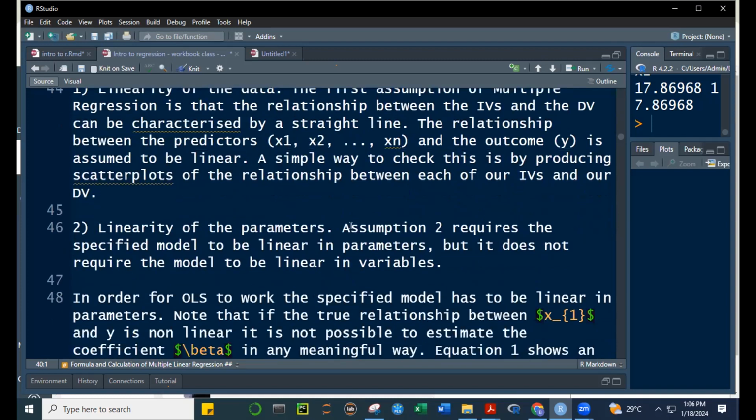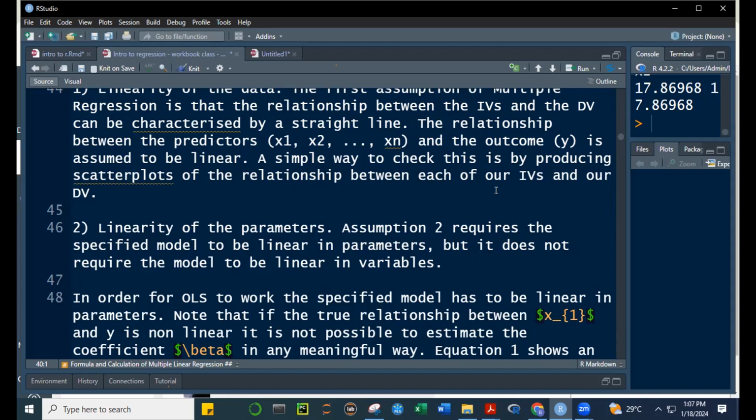Number 2 is that there should be linearity of the parameters. Okay, so as I stated here, yung assumption 1 natin requires that the dependent variable should be, if possible, highly correlated with your independent variable.